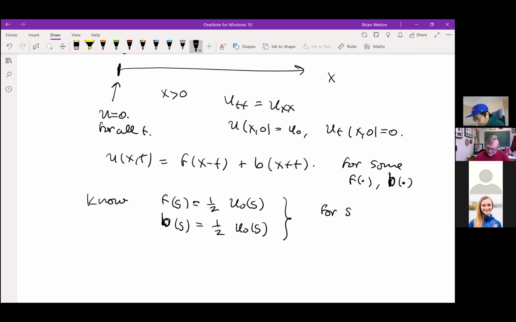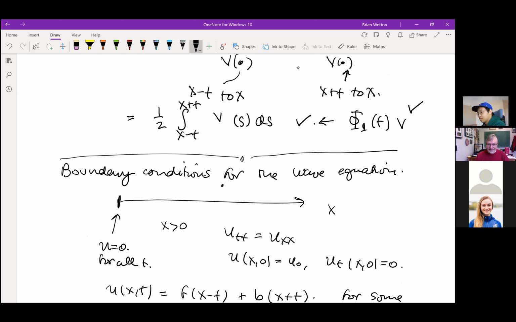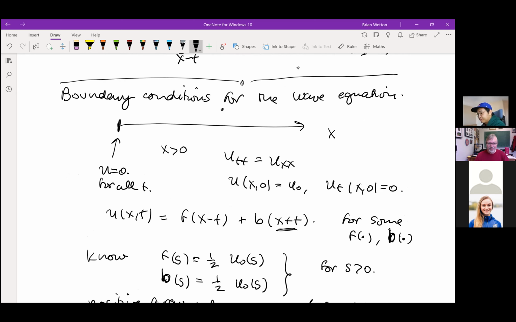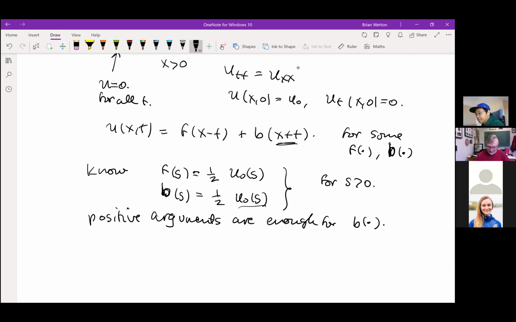This is for s bigger than 0, because I've got initial conditions for positive arguments. Positive arguments are enough for this b function. I'm sitting out here, x is positive, t is positive. I'm only putting positive arguments into here, and I know what all of the positive arguments of b are.